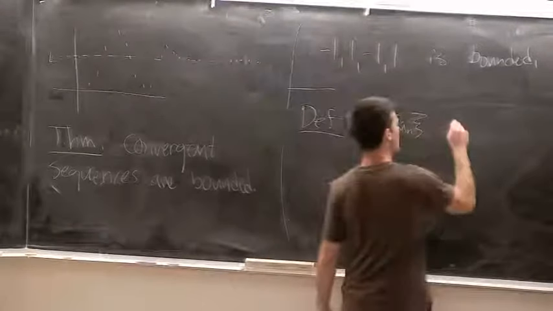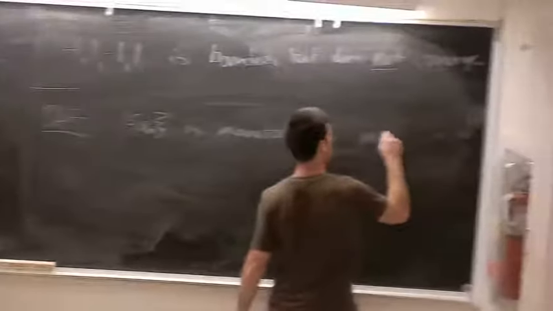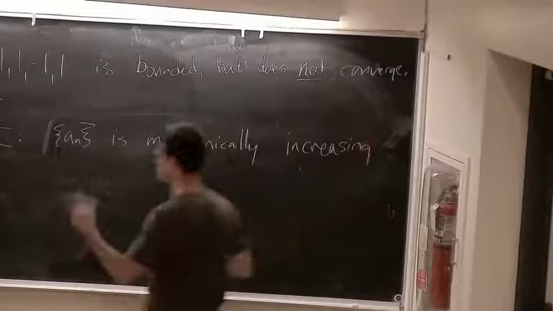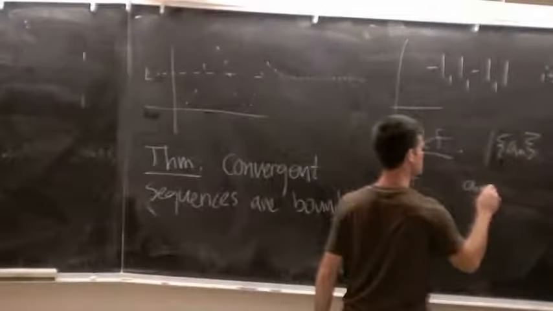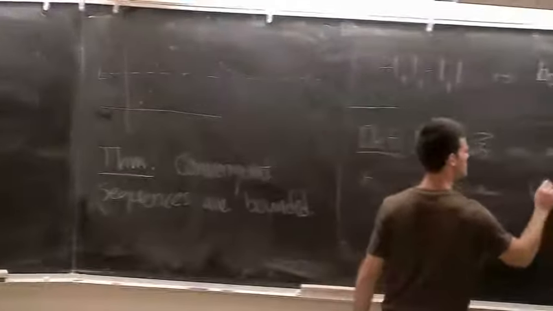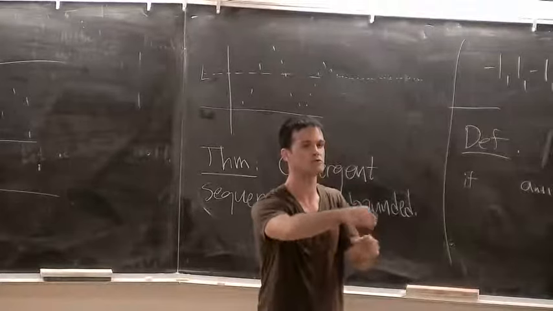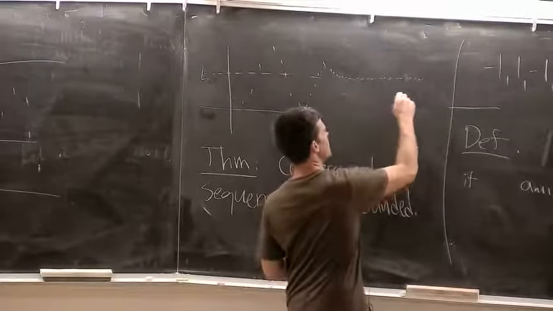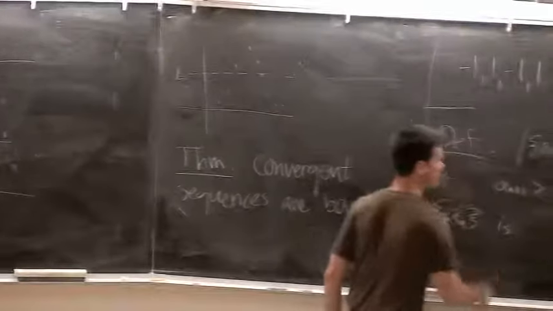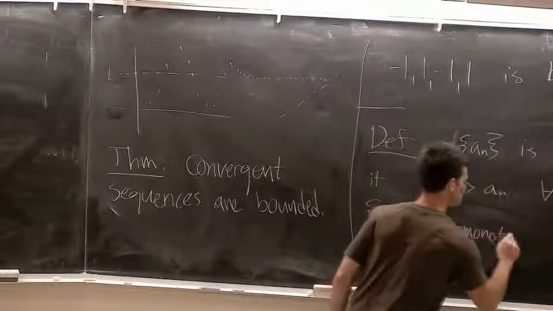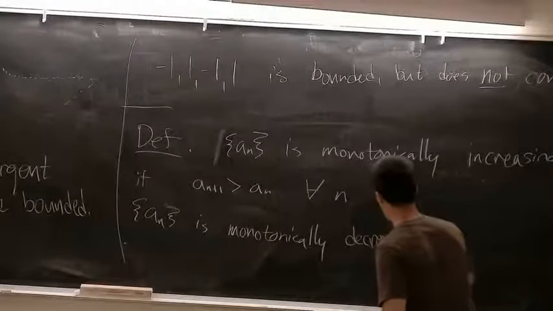So {a_n} is monotonically increasing if each term is bigger than the previous term. That means the terms of the sequence are progressively getting larger and larger. The graph is always going up, in other words. Similarly, {a_n} is monotonically decreasing if the terms are getting smaller.